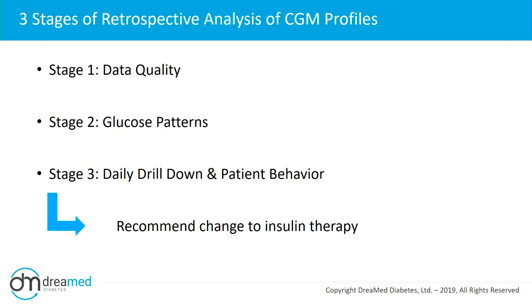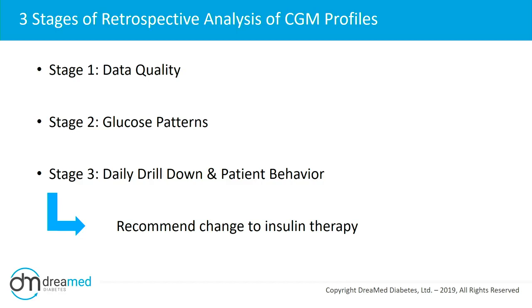What I would like to provide you in the next couple of minutes is some tips on how to look at this data and how to dive into analysis of CGM and pump data. So here are my tips. If you want to read this and go out, that's it. That's the whole presentation. Stage number one, like Greg said, let's make sure we have enough data and the data quality is enough in order to make a decision about it.